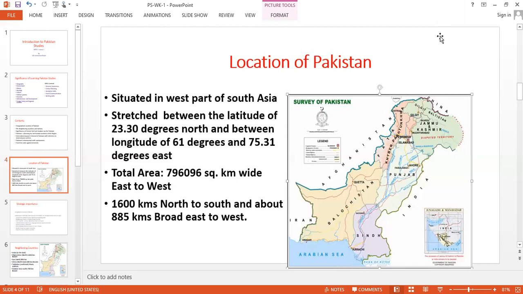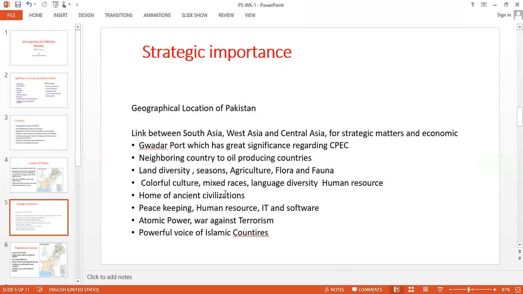And the sea route for China primarily used to be the South China Sea, where lots of issues are involved, like American involvement, and regional countries like Malaysia, Indonesia and others don't like Chinese influence in the region.